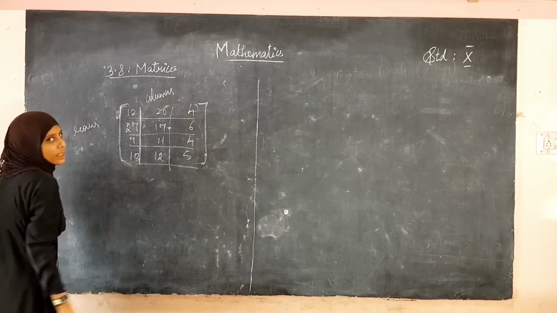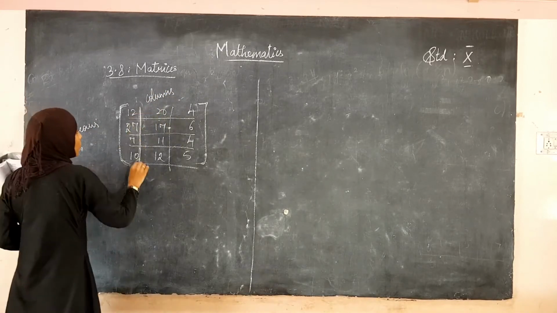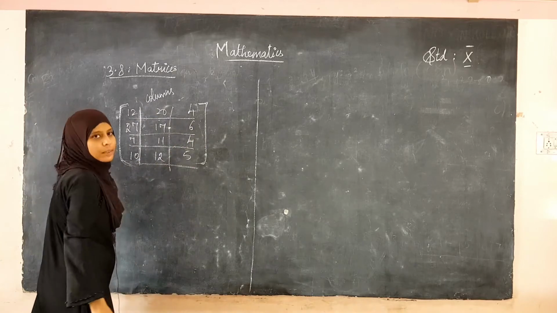The vertical arrangements are called columns. This is column 1, column 2 and column 3.